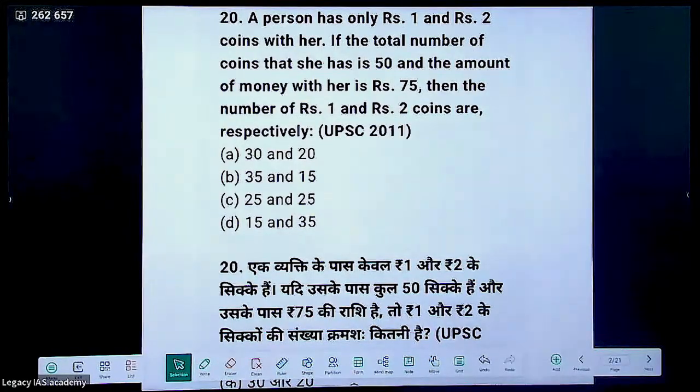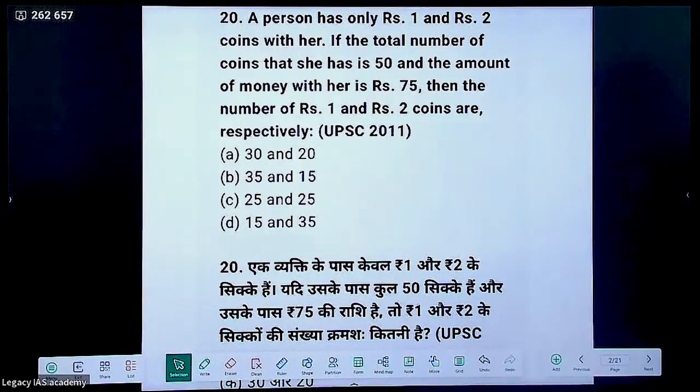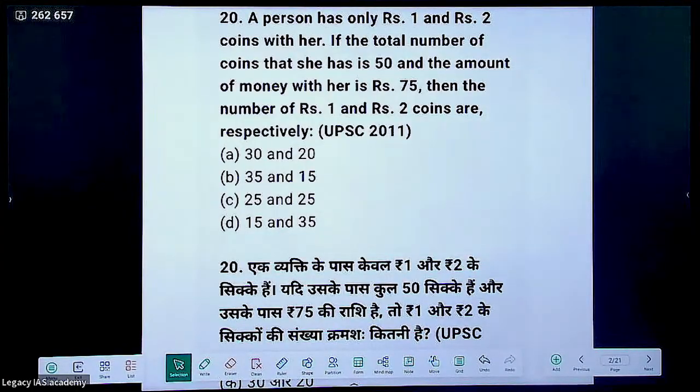So x is the number of 1 rupee coins, y is the number of 2 rupee coins. So x plus y is equal to 50.